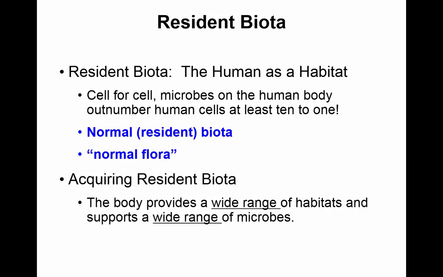Now, we have resident biota that are commonly found on our body, and actually it's surprising to note that there are 10 times more of these microbes present on our body than there are human cells. We have these normal resident biota, like our normal flora that lives in our GI tract and helps us digest our food.